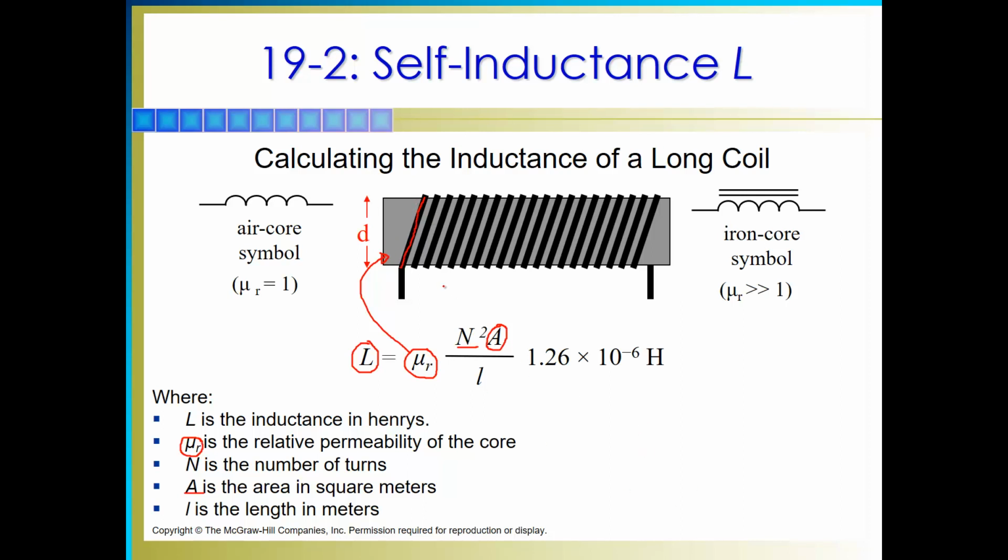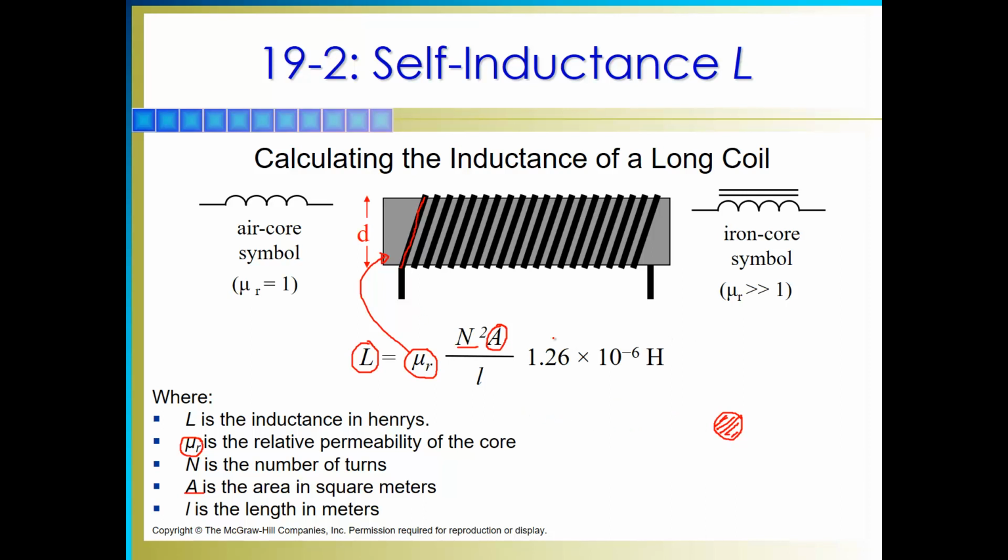In other words, if each turn is this, they're talking about the area inside the circle. So how much area each turn of the conductor covers.